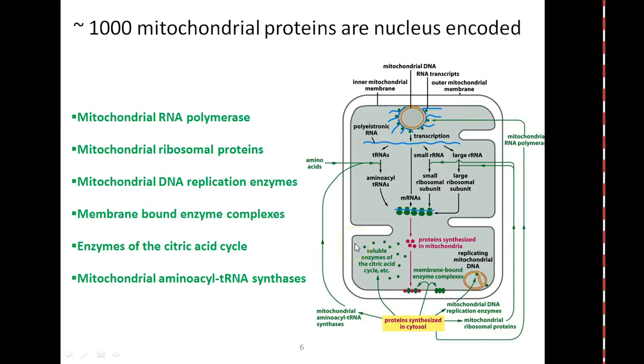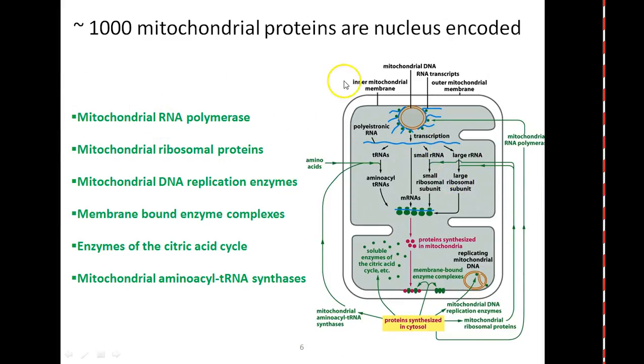Maybe we didn't discuss it well, but at this point, I want you to study this diagram. This is the list of major protein categories that are necessary and critically important, and those are all nuclear encoded proteins, and they have to be imported into the mitochondrium.